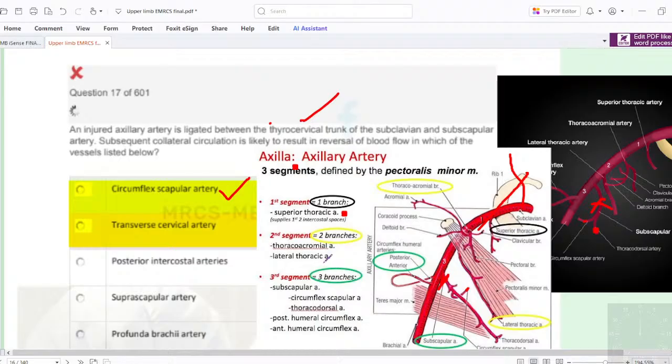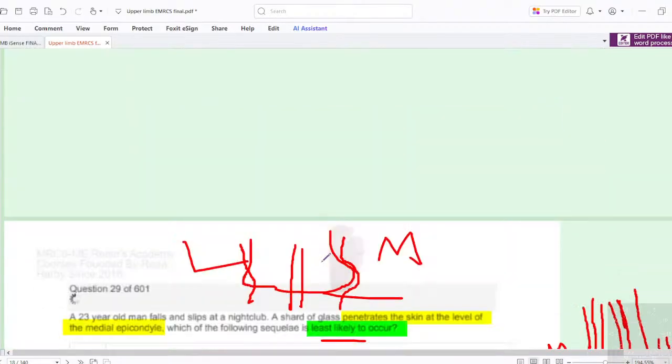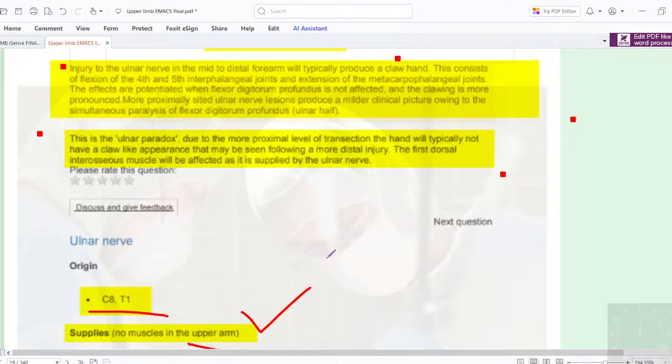Now, the axillary artery. Okay, we will keep up to here tonight. Both of you can study.